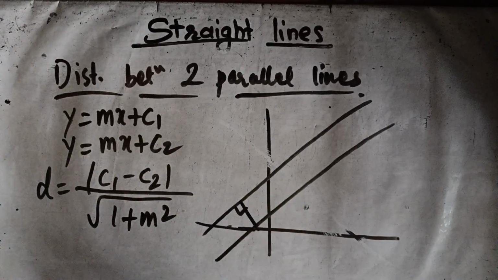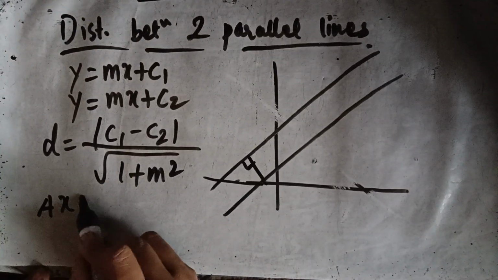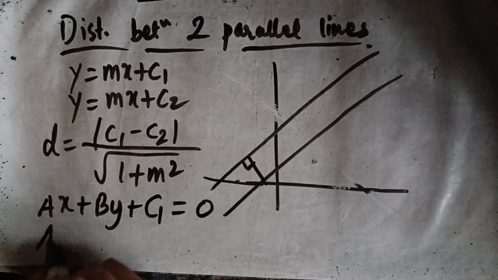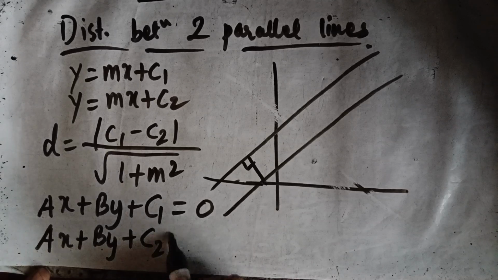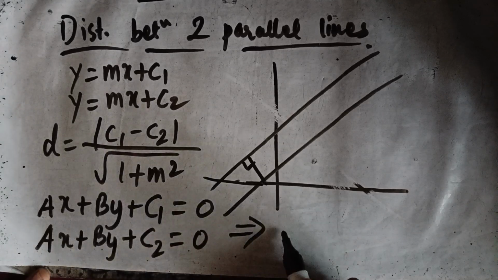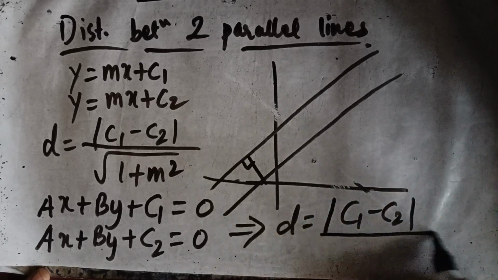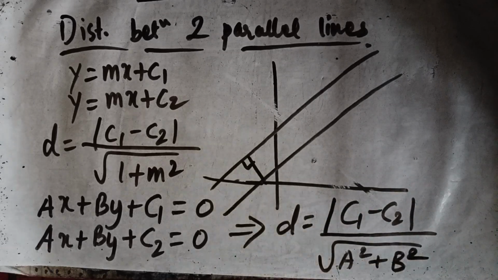If the equations are given in the general form, that is ax plus by plus c1 equal to 0 and ax plus by plus c2 equal to 0, then d equal to mod of c1 minus c2 upon root of a square plus b square.